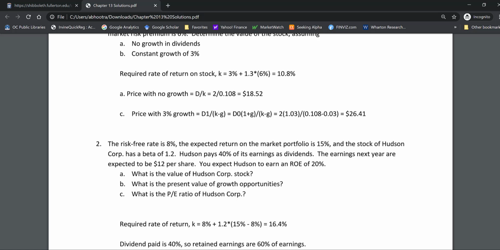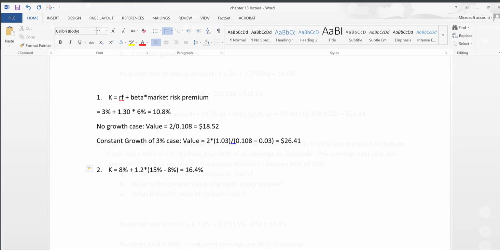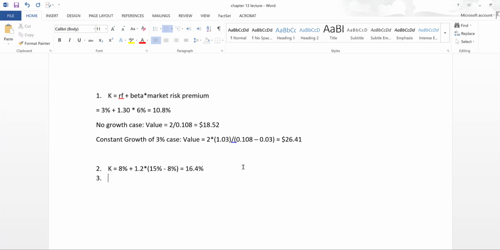All right, now it says that Hudson pays 40% of its earnings as dividends, and the earnings next year are expected to be $12 per share. So out of $12 per share, 40% would be paid out as dividend, and so we can compute the next year's dividend. Remember, this is next year's earnings.